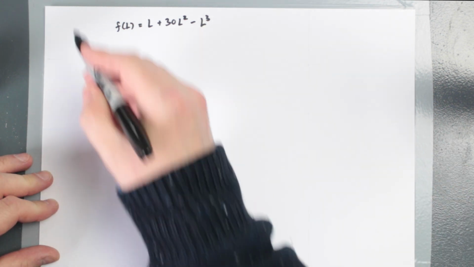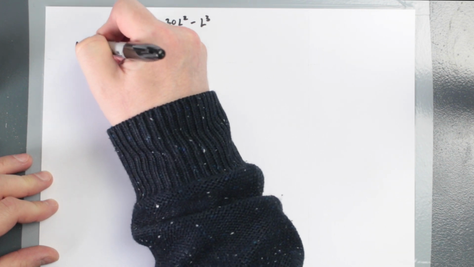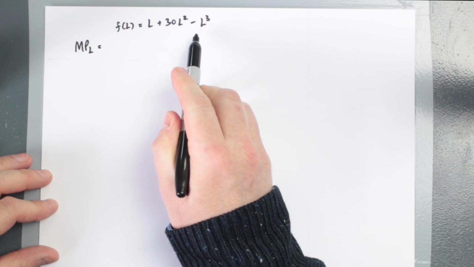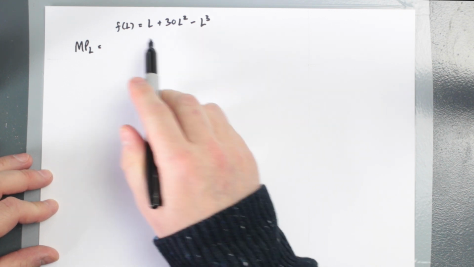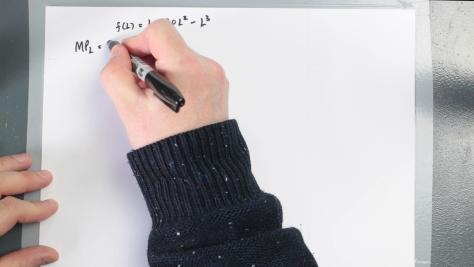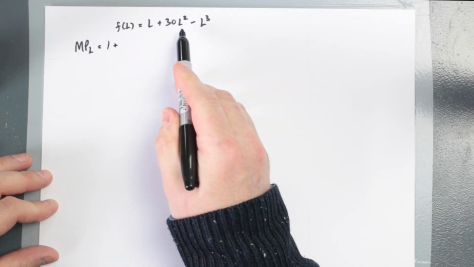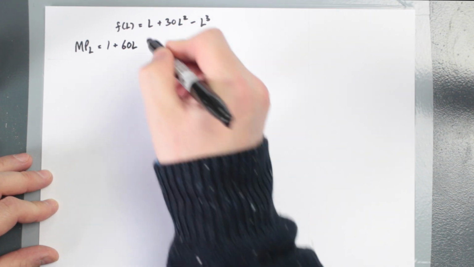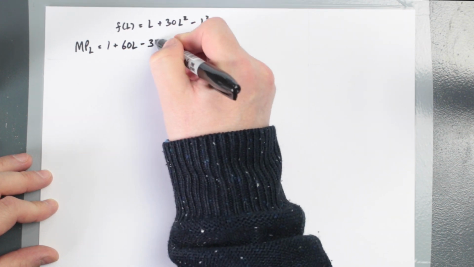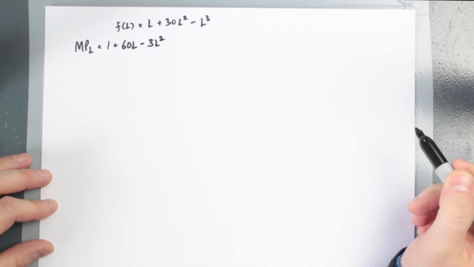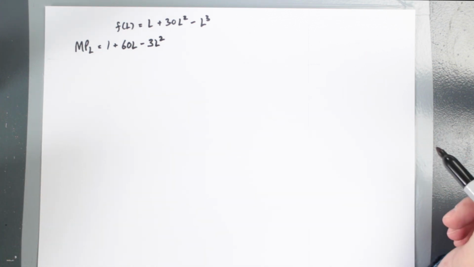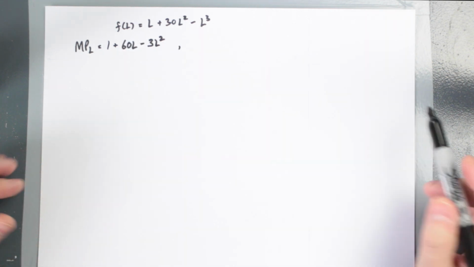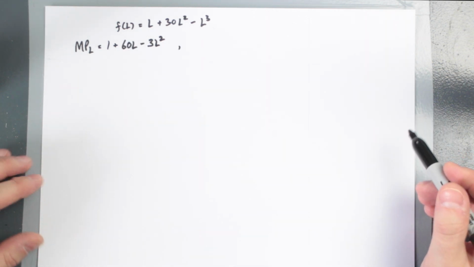So first of all, let's find the marginal product of labour. The marginal product of labour would be the first derivative of this with respect to labour, which is quite simple. It would be 1 plus 60L minus 3L squared. So that would be the marginal product of labour, the first derivative of the short-run production function with respect to labour.